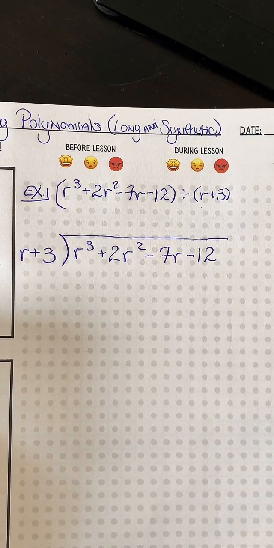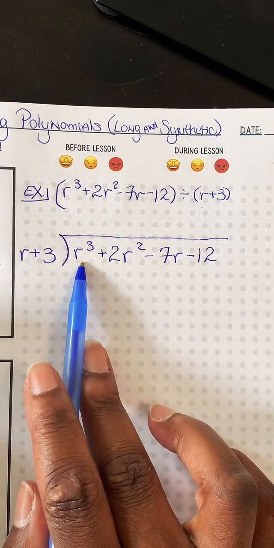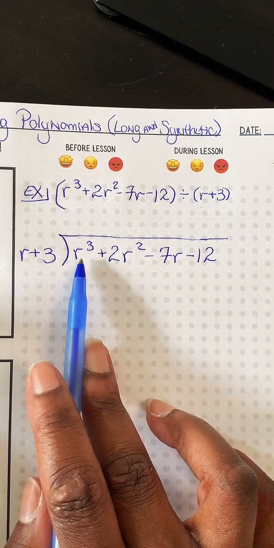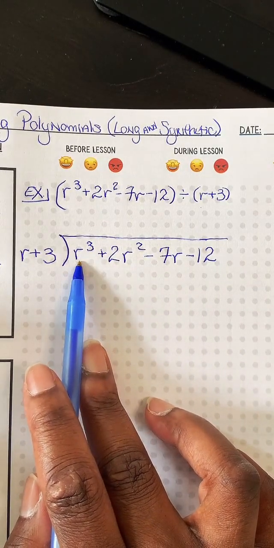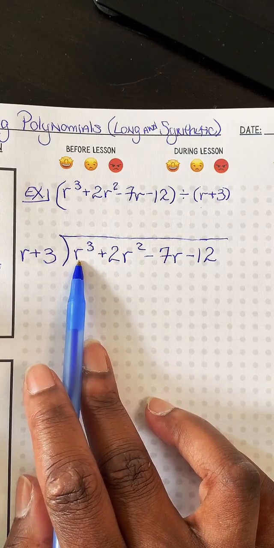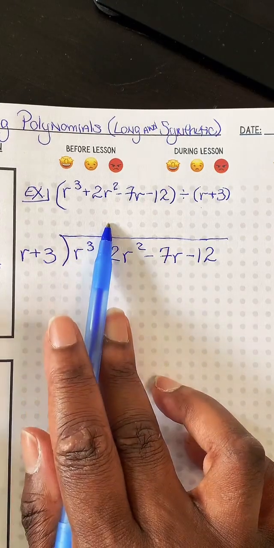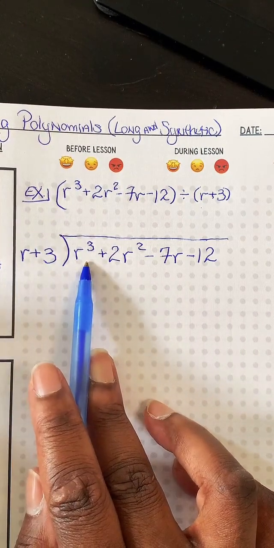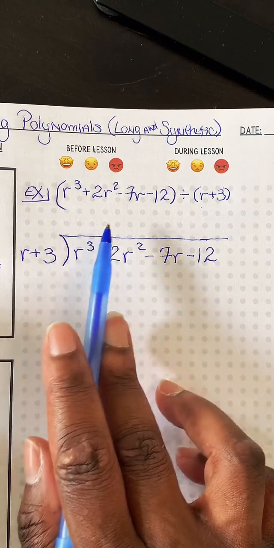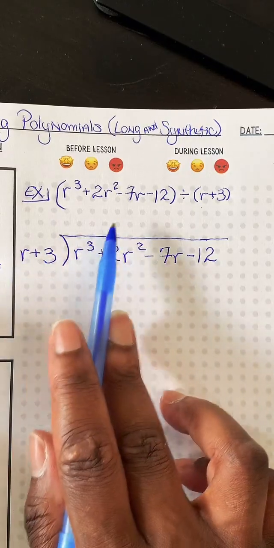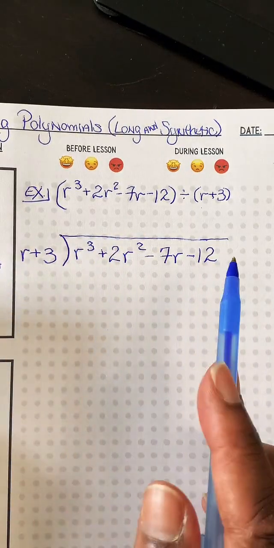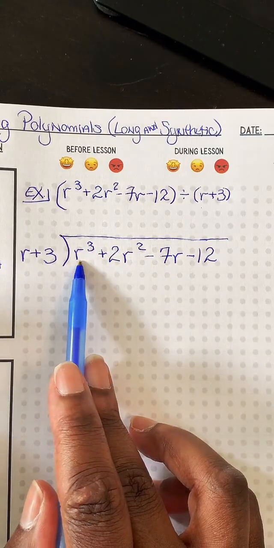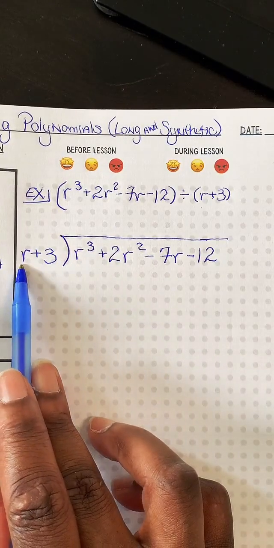Now, we're going to take the first term underneath our dividend, and figure out what times the r in our divisor is going to equal that dividend. If you don't really understand the multiplication concept of that, do this: what's r cubed divided by r?